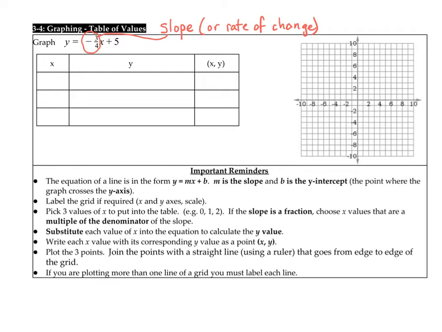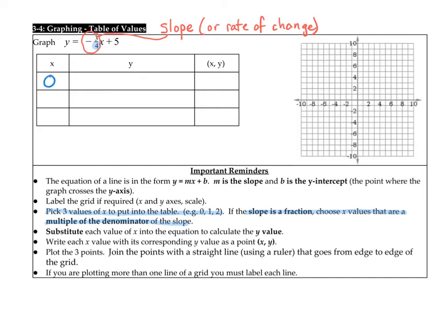What you're going to be doing is picking 3 values of x to put into the table. But if the slope is a fraction, you want to choose x values that are a multiple of the denominator. So in this case, the denominator is equal to 4. So you want to pick multiples of 4.